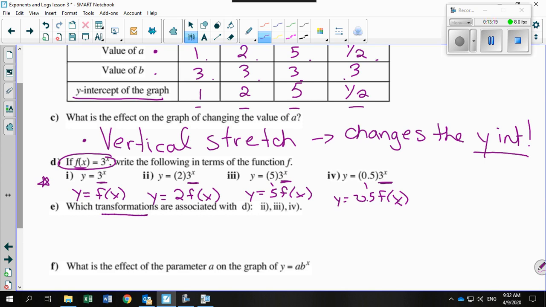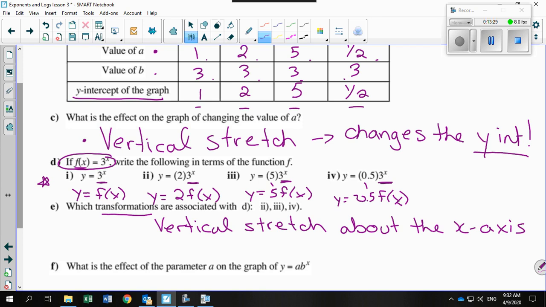Obviously, with our transformations, we have a vertical stretch about the x-axis by a factor. Remember, what we see is what we did. So our factor was 2, 5, and 0.5. Those were the values that we had as a.